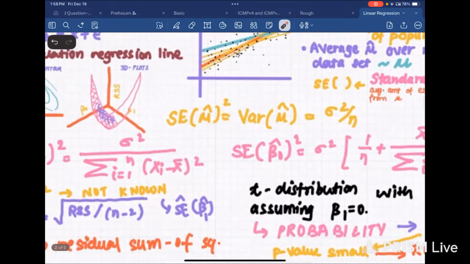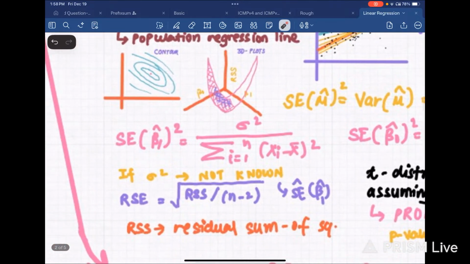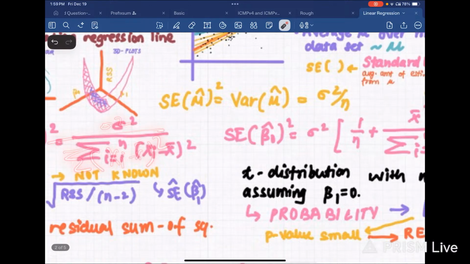So the standard error of beta 1 cap squared, or you can say the variance of beta 1 cap, is sigma square divided by the sum of xi minus x dash, whole square.